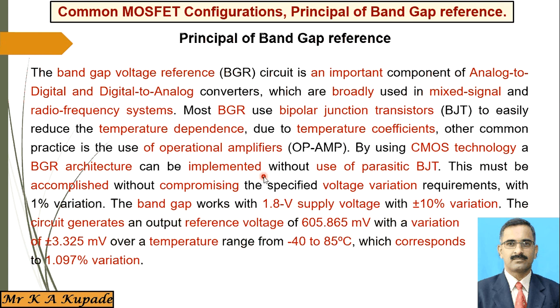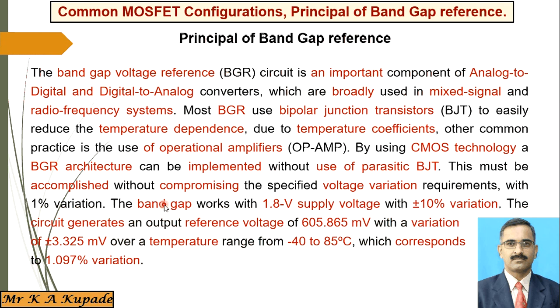What I want to say here is, without using the BJT, the CMOS technology can be implemented in band gap voltage references. Now, it is said that this is to be accomplished without compromising the specified voltage variation requirement of 1% of that voltage.